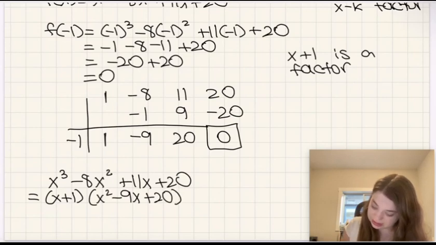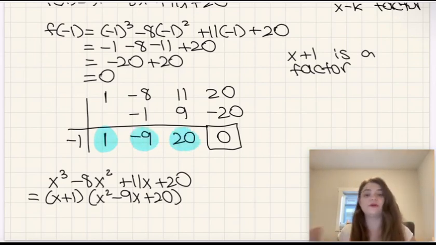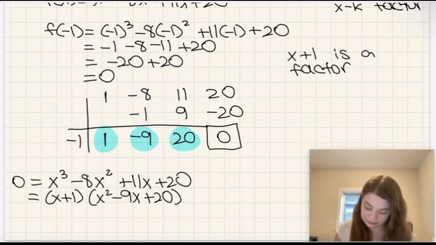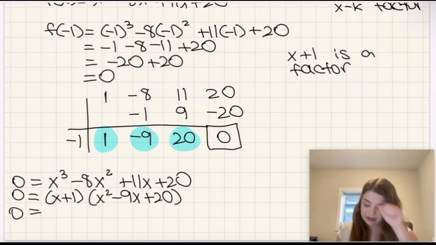So again, I'm just taking these coefficients and using them. And this 0 is referring to the remainder, so it doesn't need to be included as a coefficient or a constant or anything. And then the last step that I'm going to do, or pretty much the last step, is I'm going to continue to factor this even more so we can find out what those other real roots are.